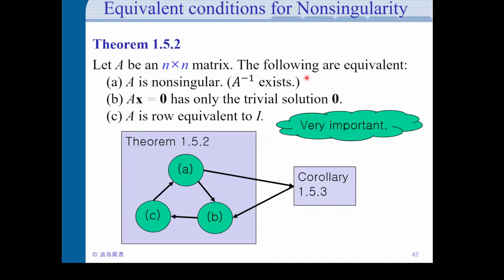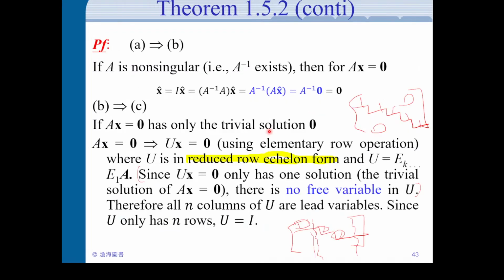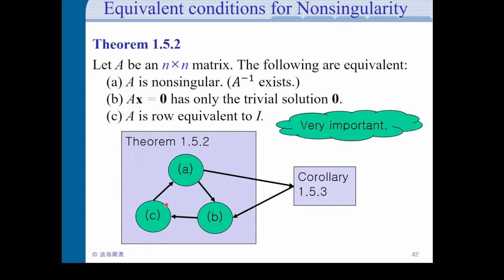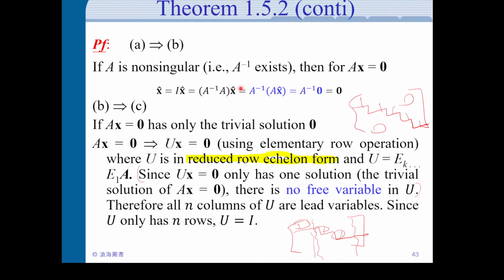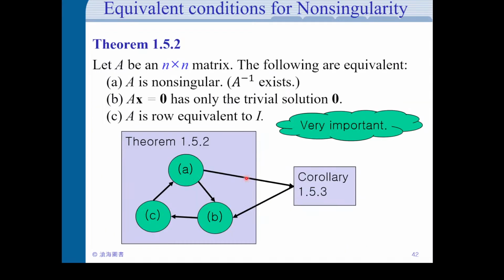And then the third one is that A is row equivalent to identity. We also have a proof for this, so we have this whole 3-way cycle. B to C is a bit harder, but C to A is a bit easier.